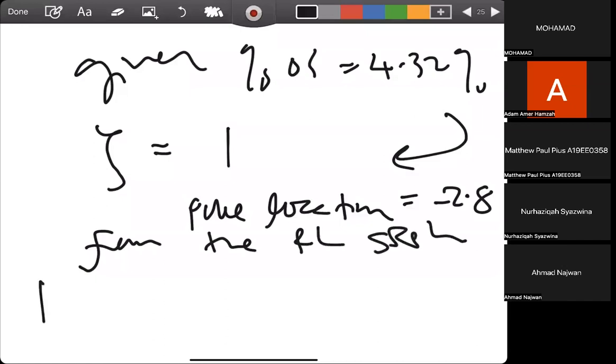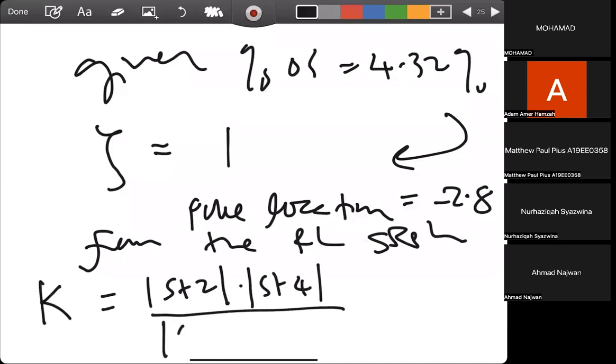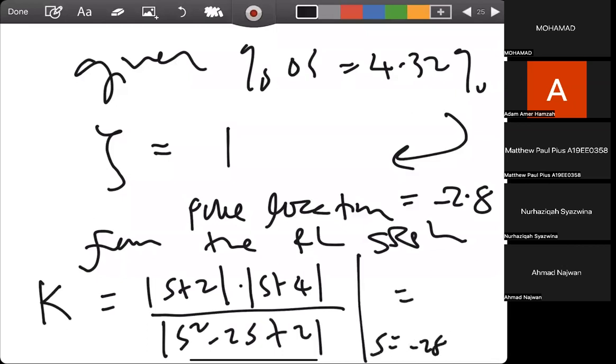Then we insert it inside the magnitude criteria to find the gain: (s plus 2)(s plus 4) divided by (s square minus 2s plus 2), with s equal to minus 2.8. So that gain is 0.0623, where zeta is equal to 1. The damping ratio is critical.